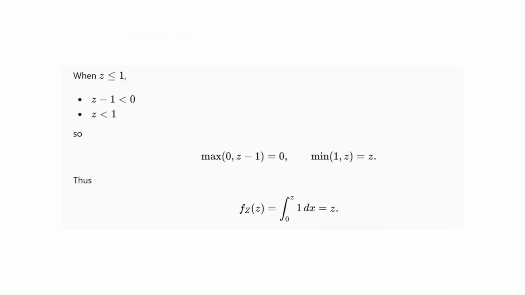So what does our integral become? If you recall, we had the integral from minus infinity to infinity, but we just calculated the range of x, and the general answer said that x would range from max of 0 and z minus 1, and the upper limit was min of 1 comma z.